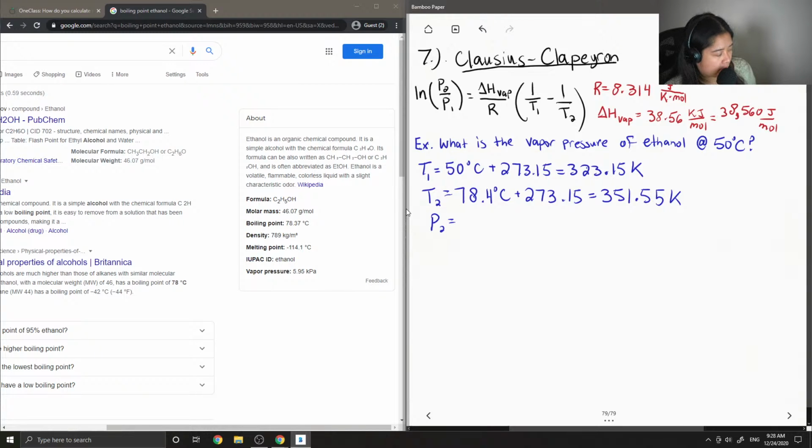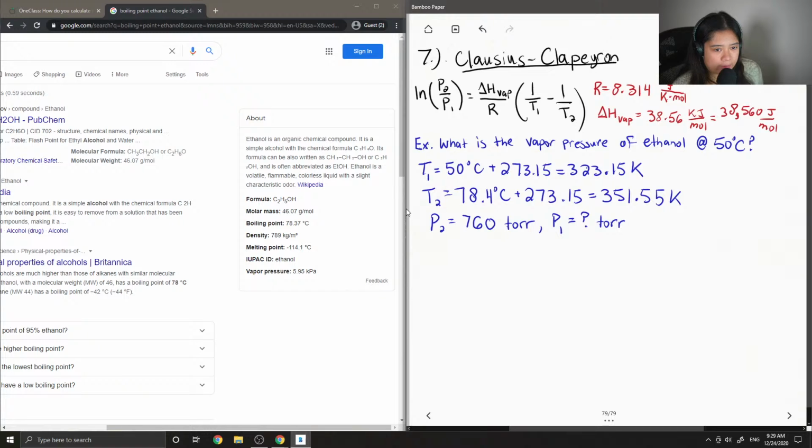Okay, so P2, I'll make standard, which is 760 torr. And we are looking for P1, which is the vapor pressure of ethanol at 50 degrees. So this will be a question mark.